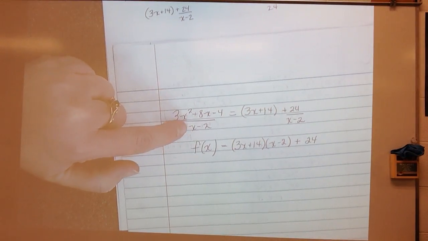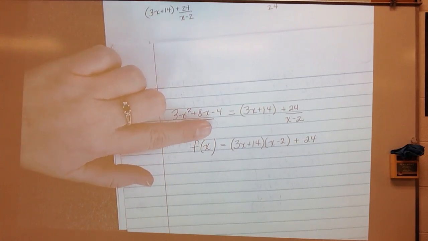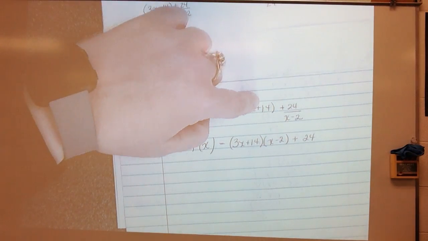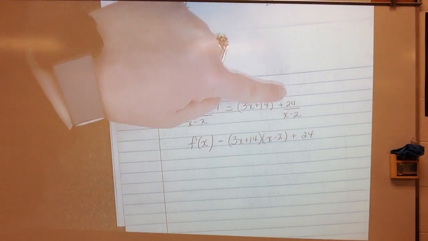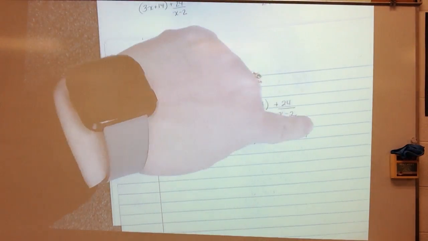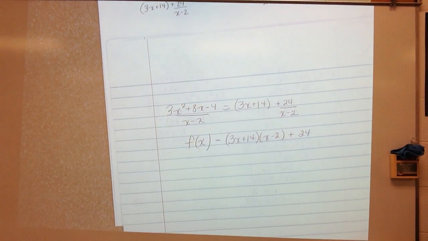When I multiply this by x minus 2, it cancels out. When I multiply this by x minus 2, this is what I get. When I multiply this by x minus 2, the x minus 2's cancel out, and I'm left with 24. So basically what I'm doing is introducing you to what they call the remainder theorem.